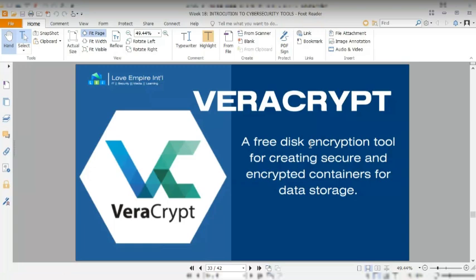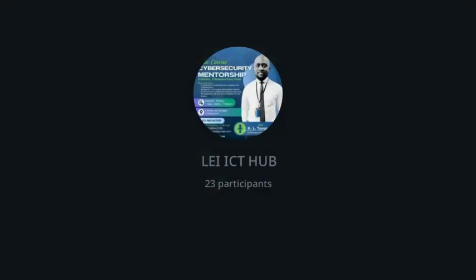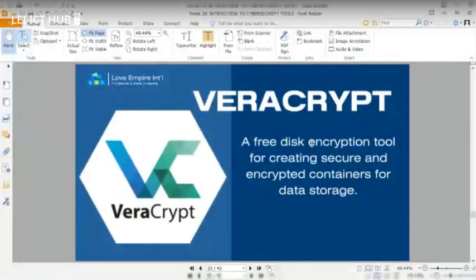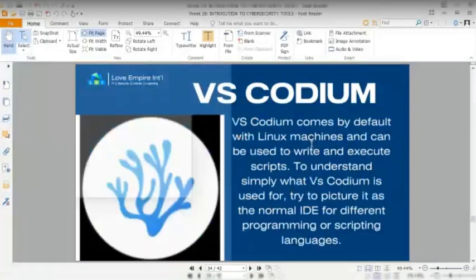Maybe you have very sensitive information in that flash and you don't want anybody to access it. Flash, hard disks, folders, whatever you want to encrypt. Encryption simply means restricting access.